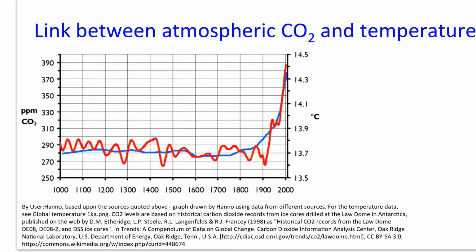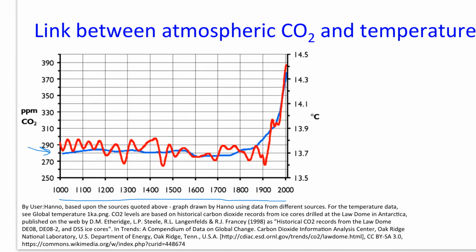So we've talked about why we would expect a link between atmospheric carbon dioxide and temperature. Let's see what pattern actually occurs. What we're looking at here are 2 sets of data. The first set of data is global carbon dioxide concentrations shown in this blue line, and this is over approximately a 1,000-year period from about the year 1000 through the year 2000.